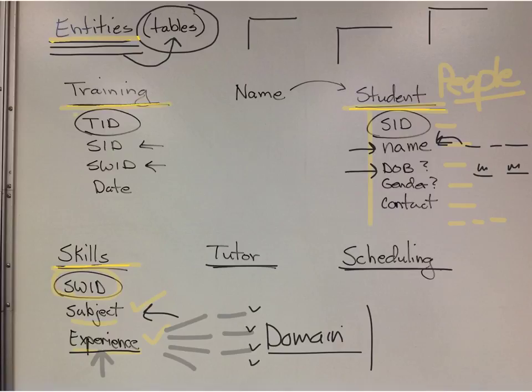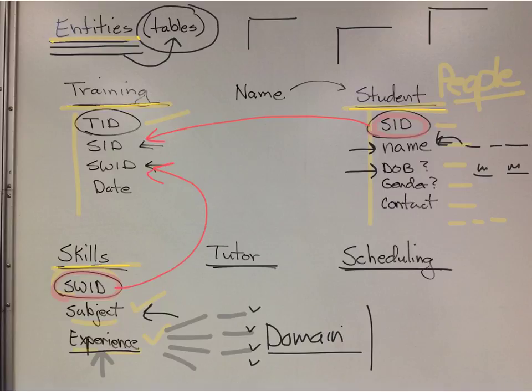Then we talked about training. Training ID. Okay, if we look here, primary key in our base tables. You can bring that primary key, and here would be a foreign key.